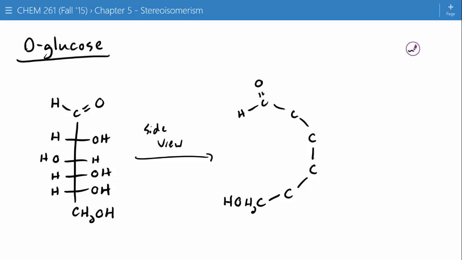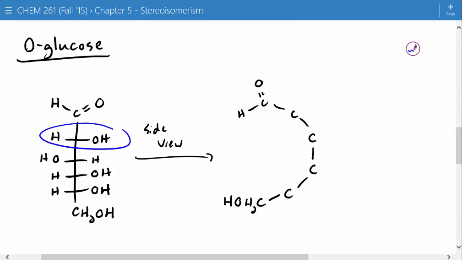And on this side, if we're looking at these carbons, should the hydrogen be a dash or a wedge? So imagine I'm taking this and I'm twisting it like this so that it's rotated and curling back. This hydrogen should be a wedge, right? It's going to be coming out to our left-hand side.